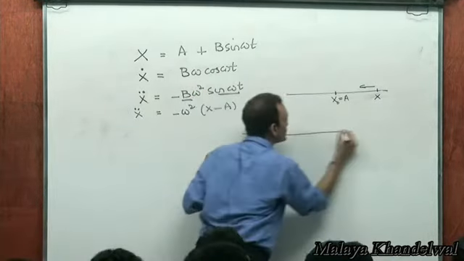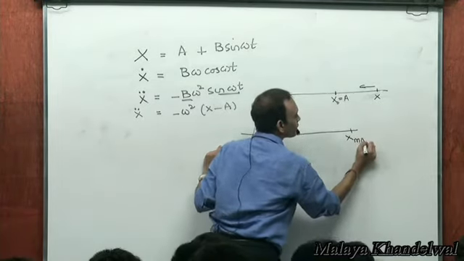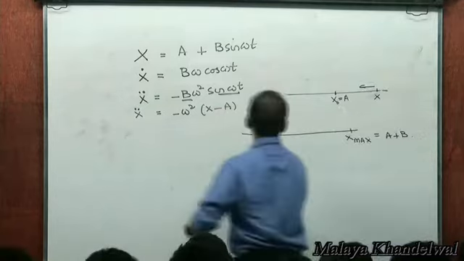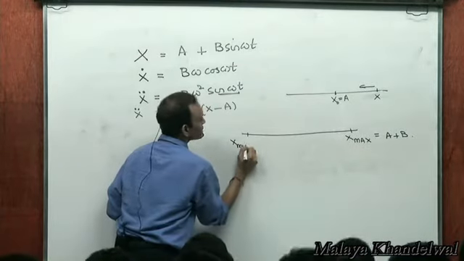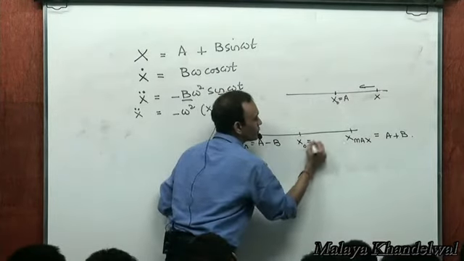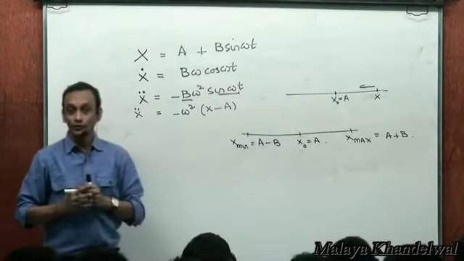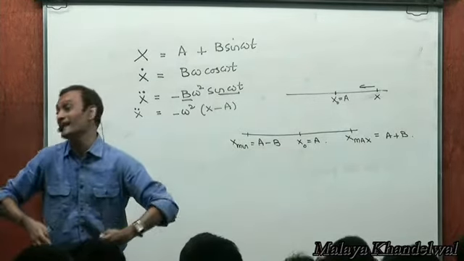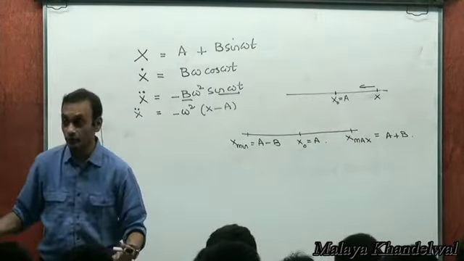So the motion is like this. x max is a plus b. x min is a minus b. And the mean position is x naught equal to a. This time the mean position is not x equal to 0 but is x equal to a. Right?